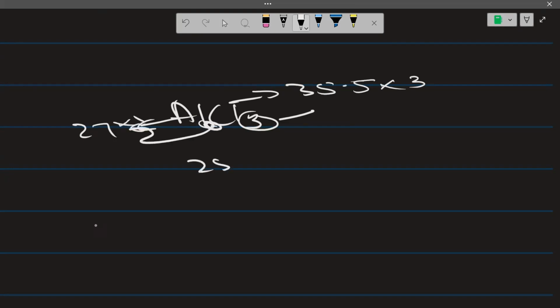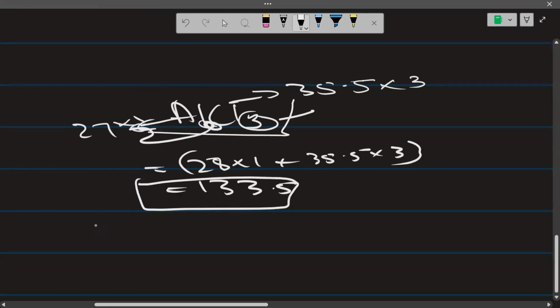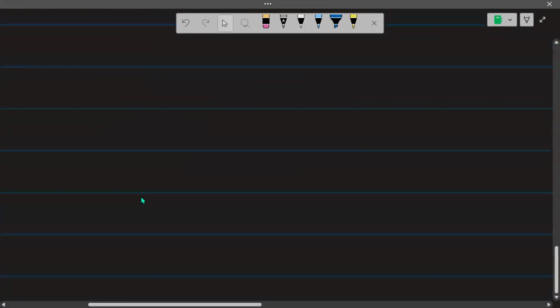So basically 27 times 1 plus 35.5 times 3. When we put this in the calculator, we will get the answer 133.5, and this is the MR of aluminum chloride.